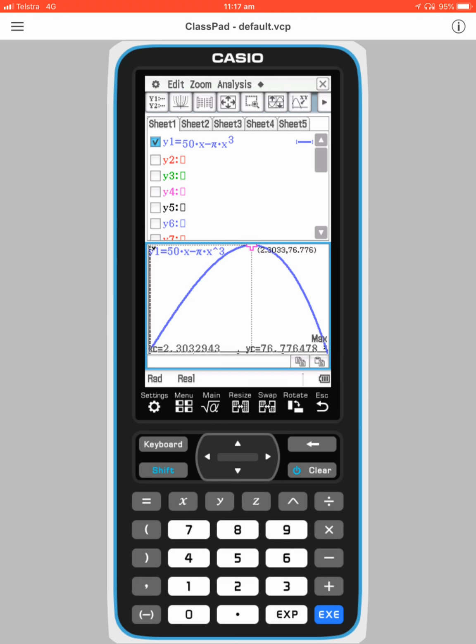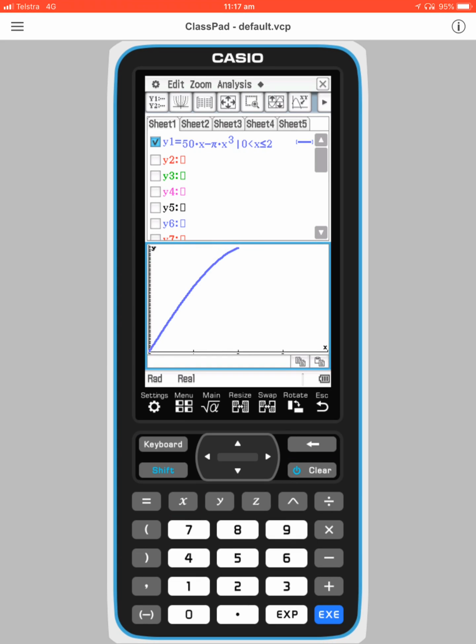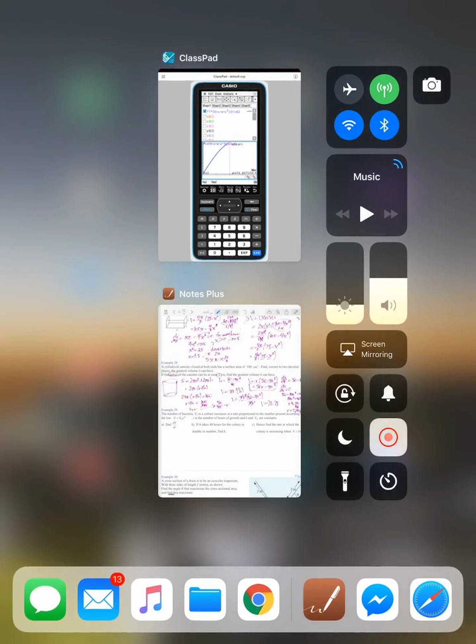Now, if our max is at 2.3, then if we restrict it, and we say 0 is less than x, which is less than or equal to 2. I forgot to put my given sign in there. Now if we sketch it, and we ask what's our max value? We can't use max, we've got to use Fmax, because it's an absolute max. We get 74.867.